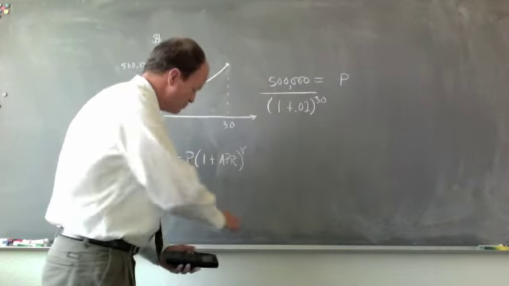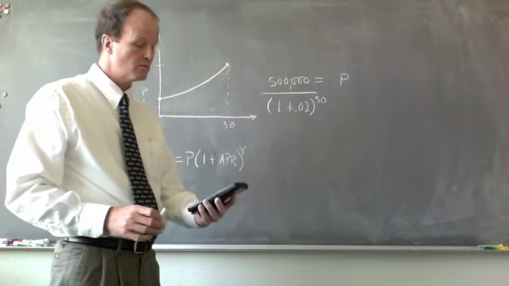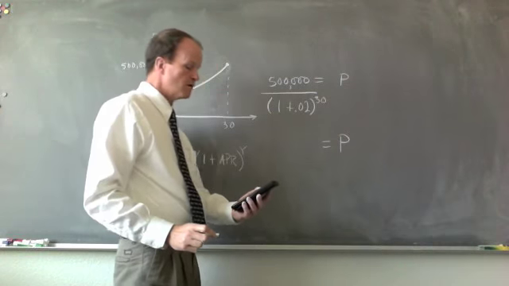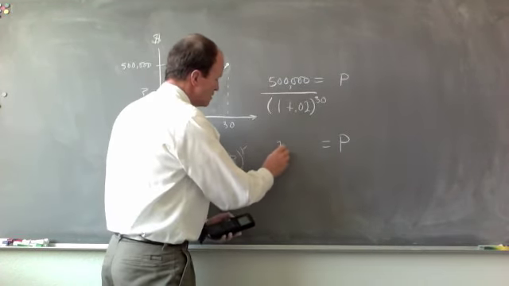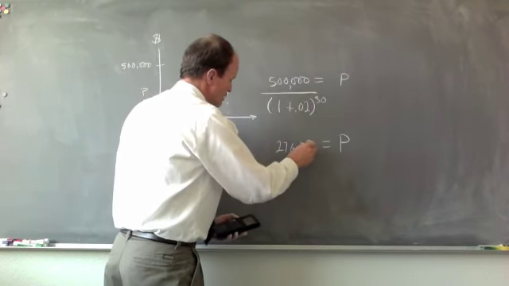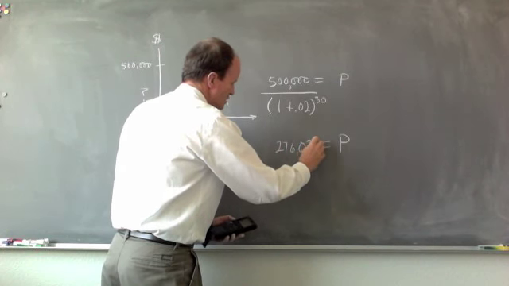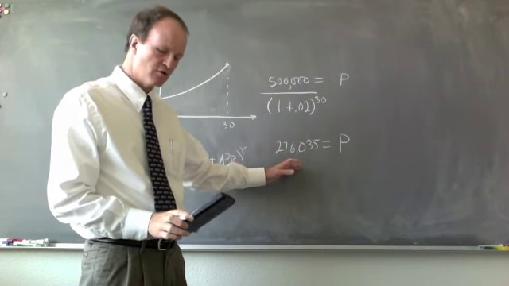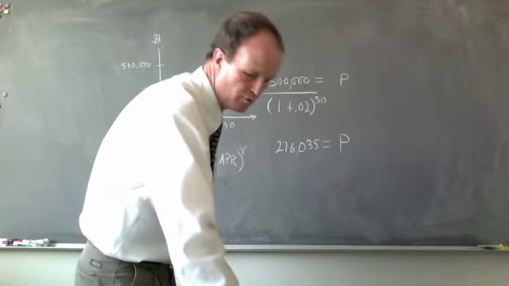And if you'd like to do the same with me, that would be great to double check, but I'm coming up with an answer for P of $276,035. I'm going to just round that to the nearest dollar, if you don't mind.